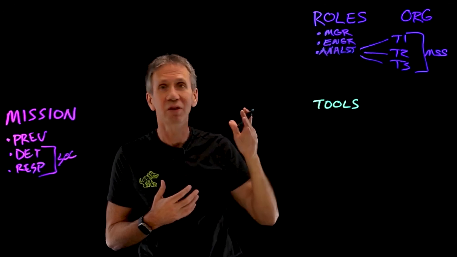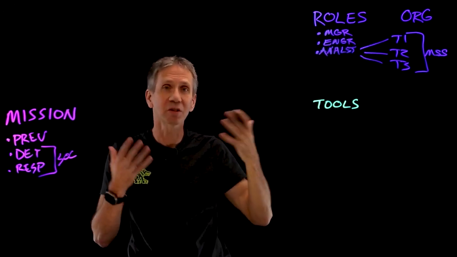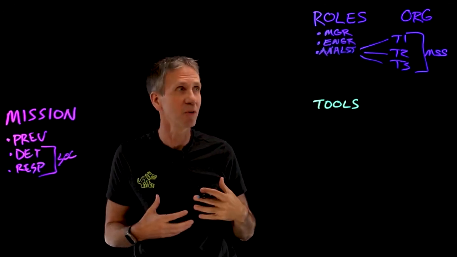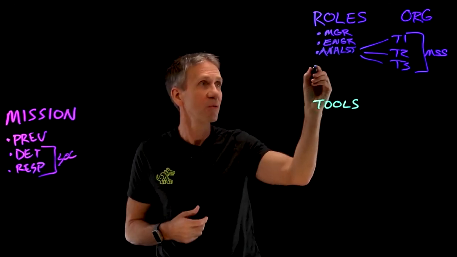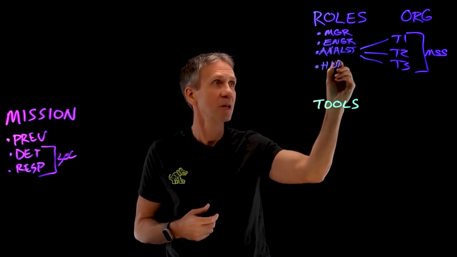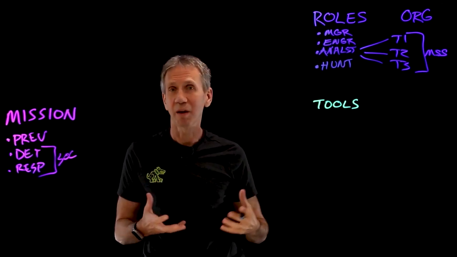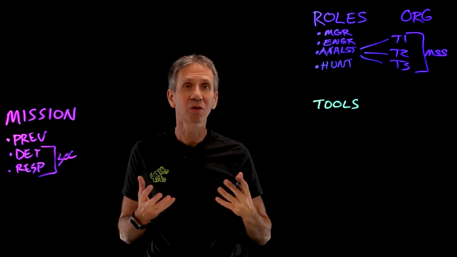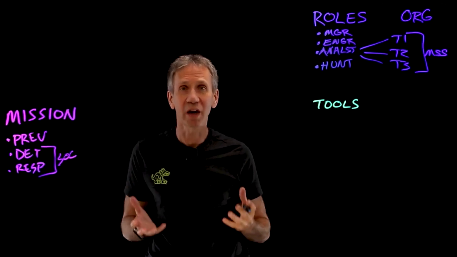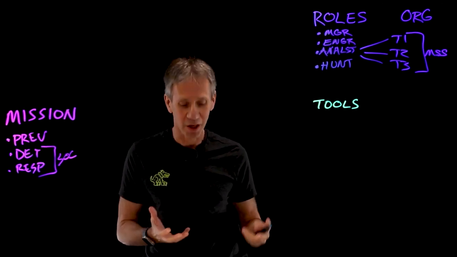Or maybe you just have the tier 1 as the managed security service, and then your organization does the deeper investigations. The 4th role that I'm going to mention here is a threat hunter. And a threat hunter is someone who is going to come up with a hypothesis, and then they're going to go out proactively trying to find where the problem areas might be.